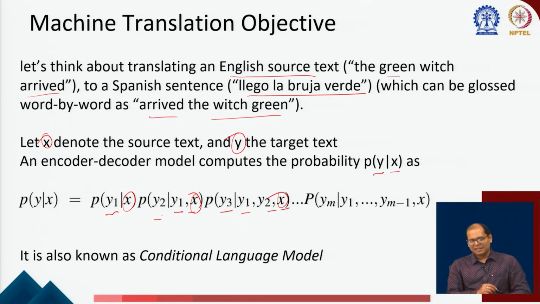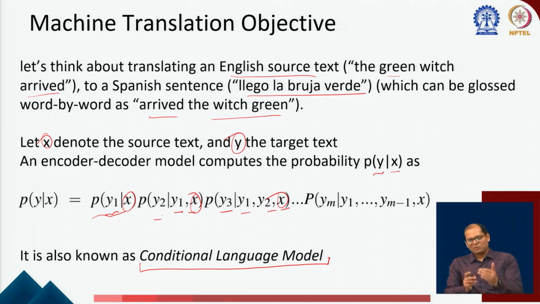Okay. So you see, it looks very similar to language modeling, right? Except that you have this X as a condition everywhere, right? So this is why it is also known as a conditional language model, because you have this condition appended in every probability.